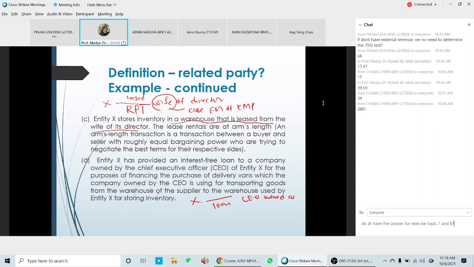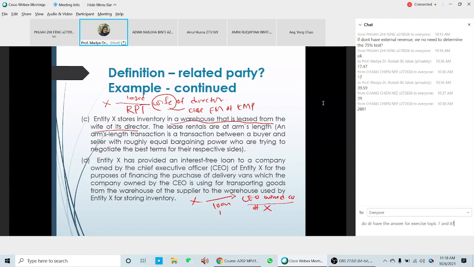The loan was for financing the purchase of delivery vehicles, which the company owned by the CEO uses to transport goods from the warehouse to the suppliers and then to the warehouse used by entity X for transferring and storing the inventory. So the loan here is a transaction, and this transaction was done with a company owned by the CEO of X.